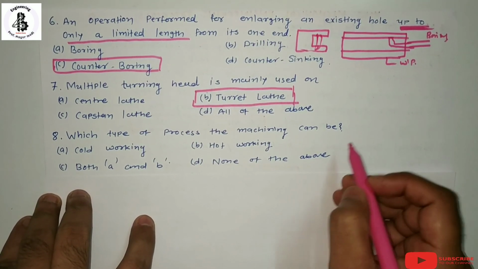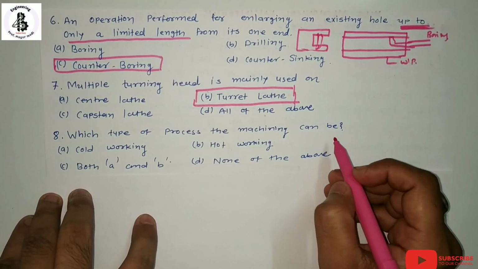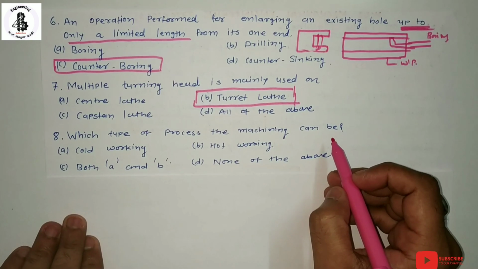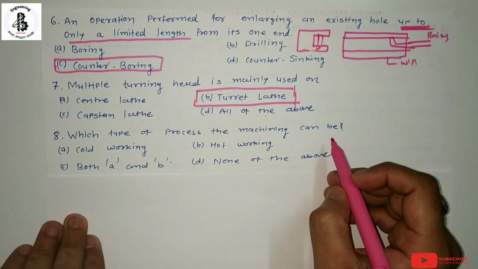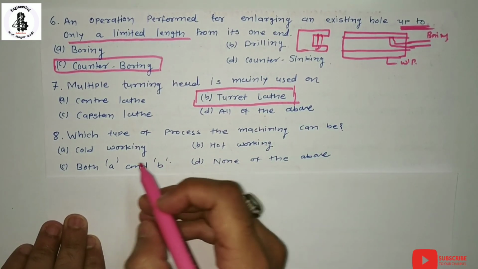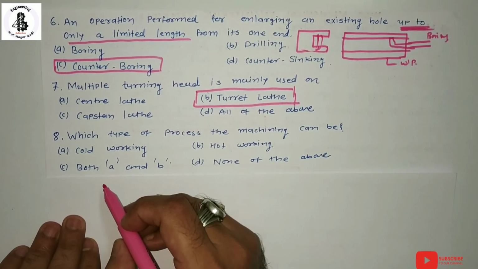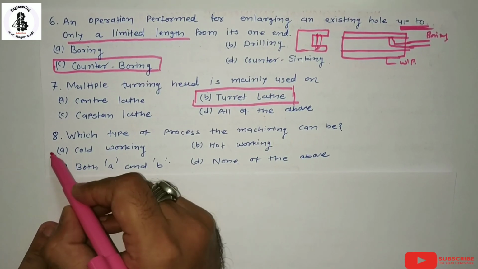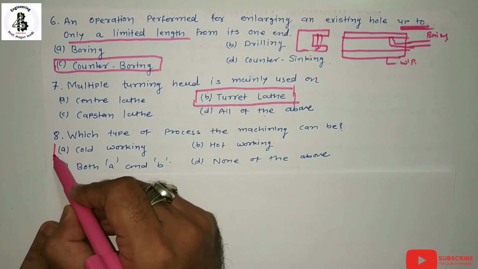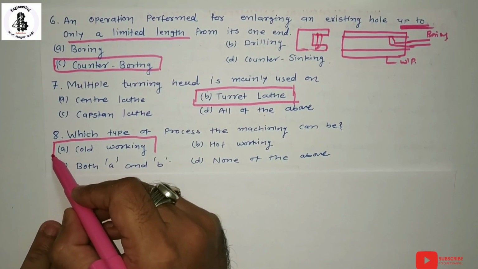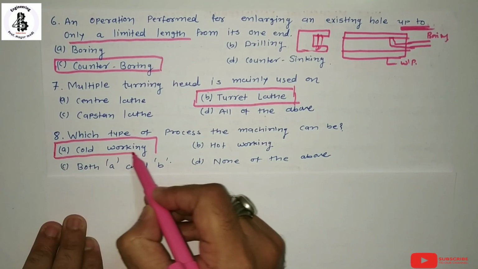In lathe machines, all the operations are carried out at room temperature, so that is called a cold working process. There is no heat before starting the machining. At the time of cutting, the workpiece is at normal or room temperature. So option A, cold working process, is used for machining.